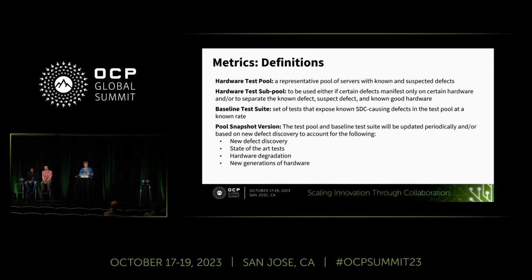Also, before we go into the metrics, I want to give a few more definitions to help understanding what we're doing. The tests are going to be performed in a hardware test pool, which is a representative set of hardware that includes servers with CPUs, GPUs, FPGAs, and accelerators with known and suspect defects.